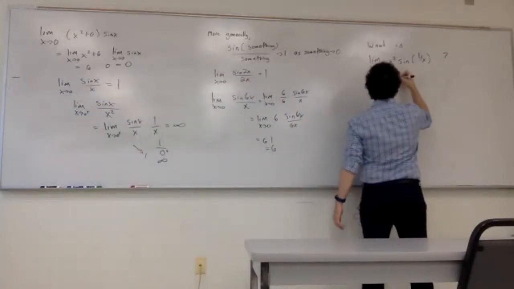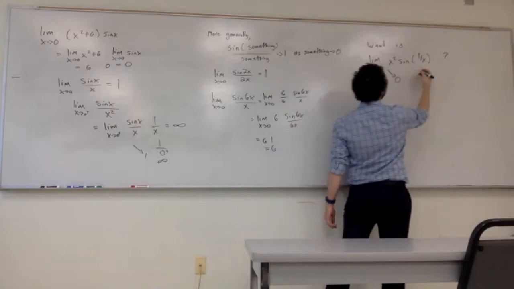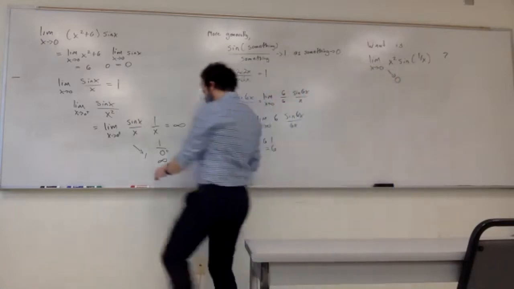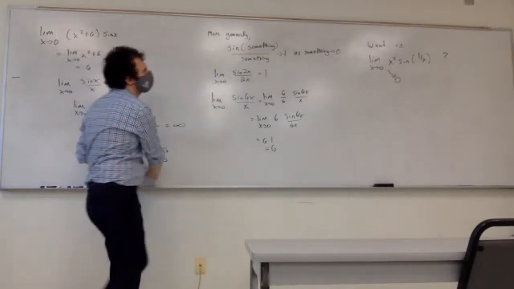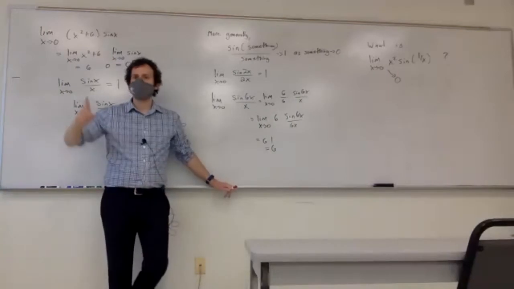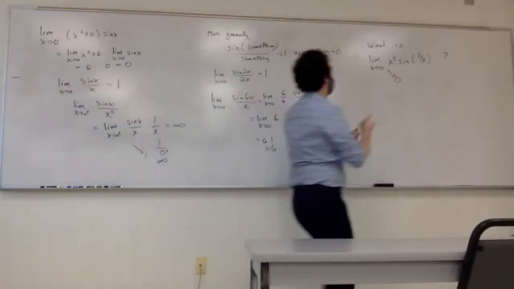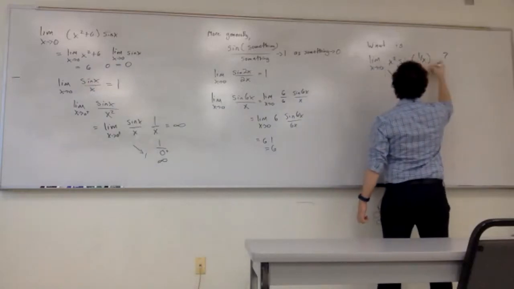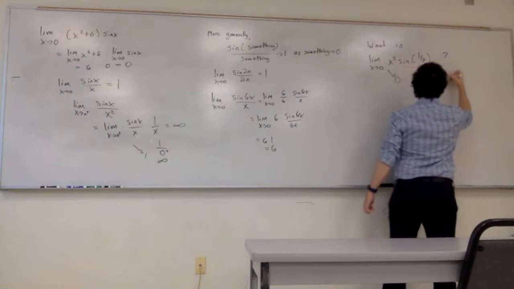x squared, as x goes to 0, goes to 0. But on the other hand, what is sine of 1 over x? That was this function that oscillated like crazy. You got close to 0. So for this function, the limit doesn't exist.